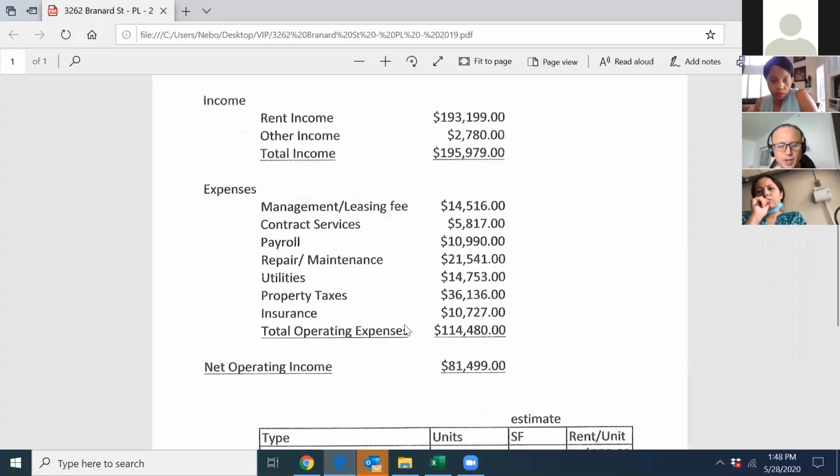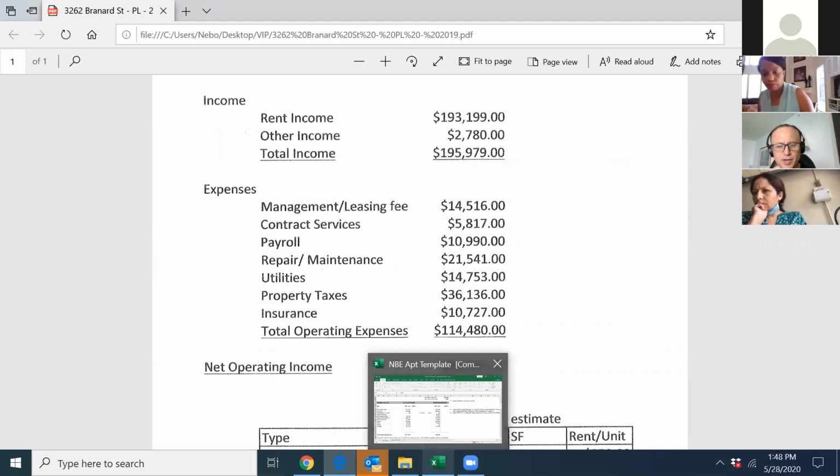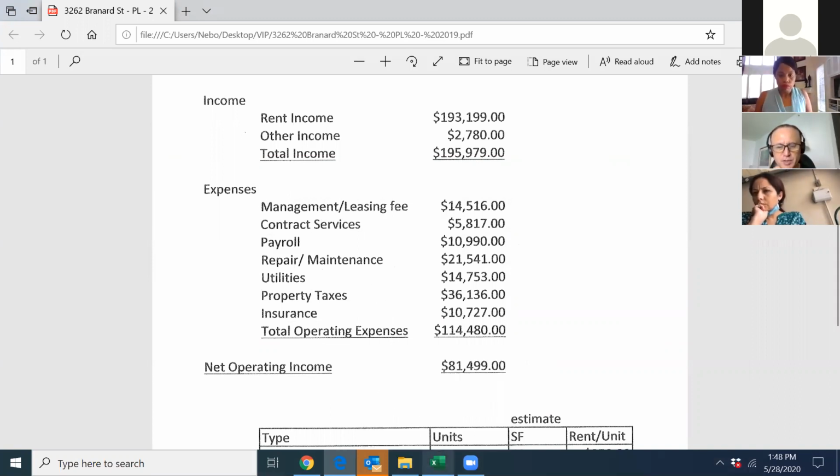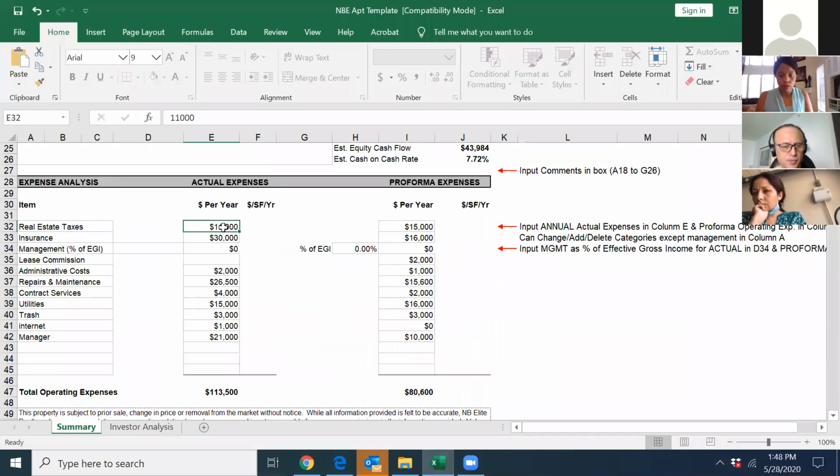Basically, you're going to list each one. So management, leasing fee. Management is 14.5. Let me see, list commission. So I can put management here at 14.5.